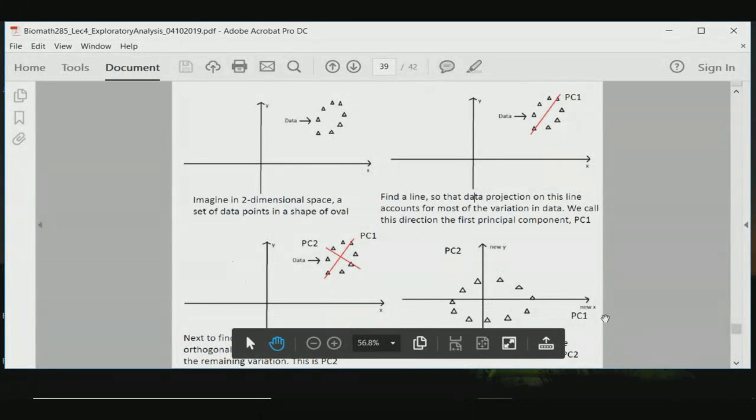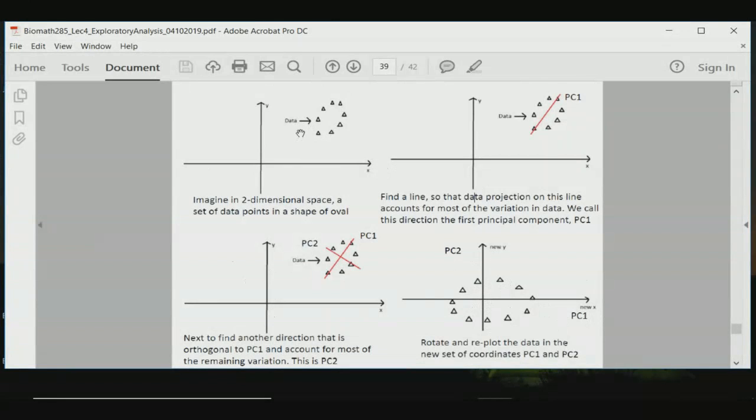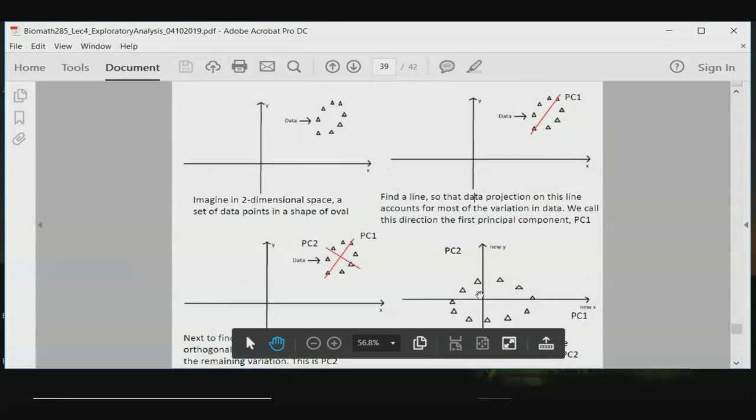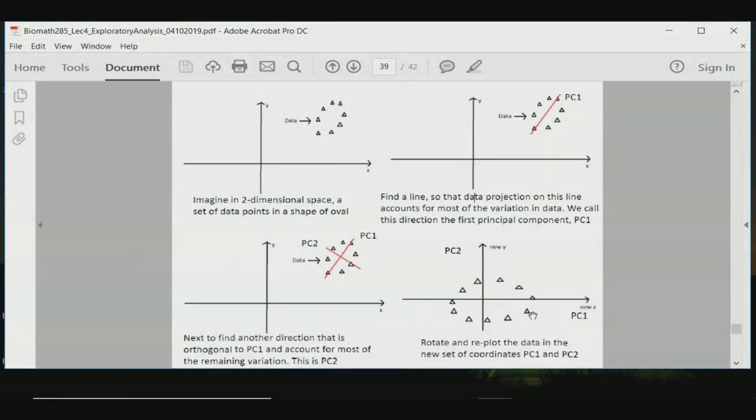The x-axis is the direction of the first principal component, PC1, and the y-axis is the direction of PC2. Okay? If you have 3 dimensions, it's a similar thing. You just make it a new coordinate system, and then you can look at the data a different way. Just like you look at a person from this angle, but for principal component, you look at it this way. Then you reduce it to a lower dimension.